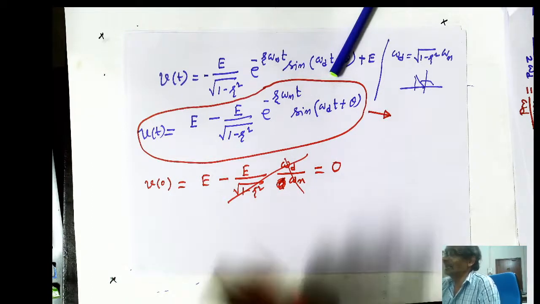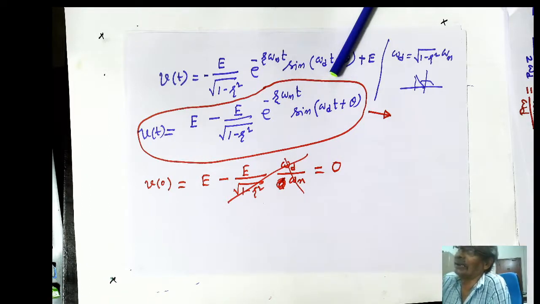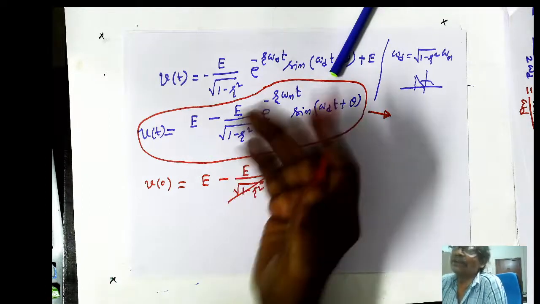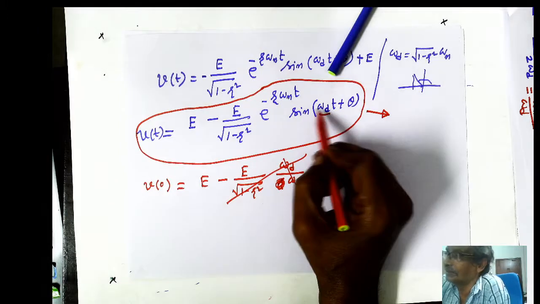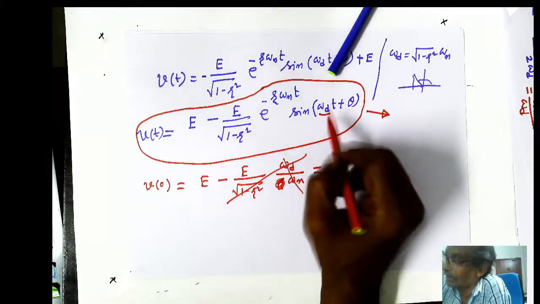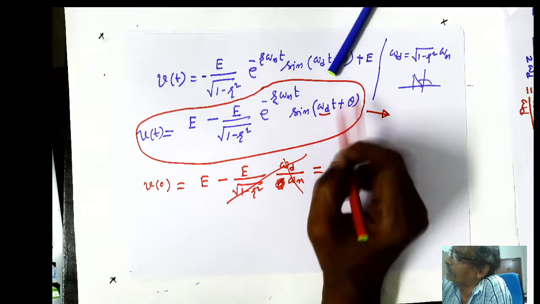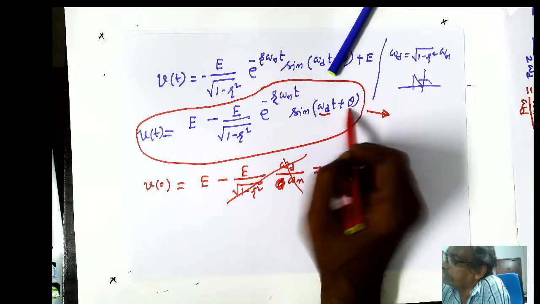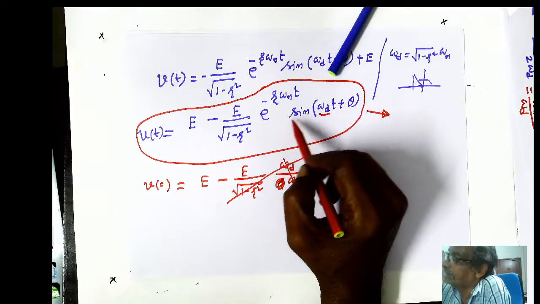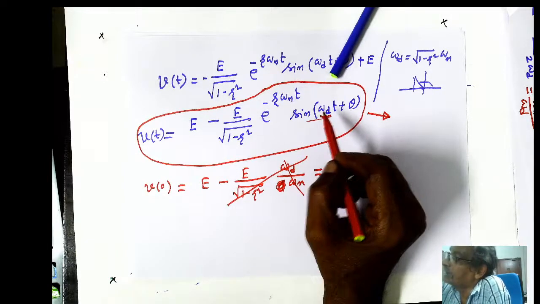Also note why 2 zeta omega n and those things were written that way. Omega d is obviously the frequency of this sine function, which varies sinusoidally with some phase displacement. Whatever it is, the frequency of oscillations of this term is omega d. So that is why it was defined like that.